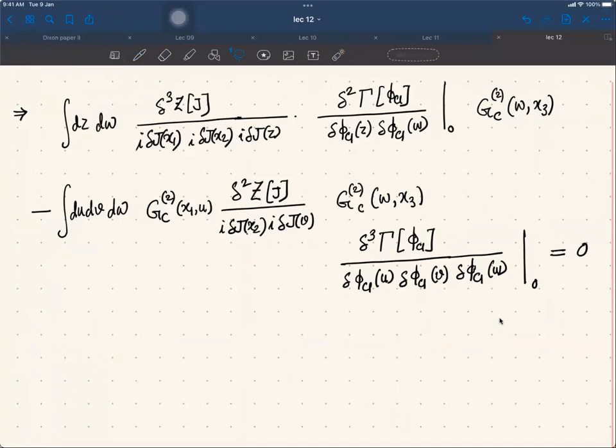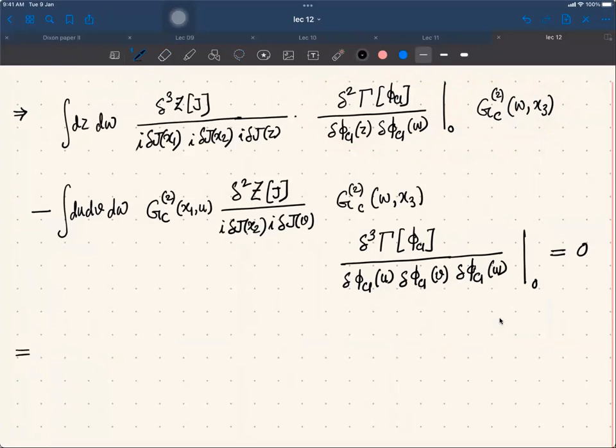Now, earlier in the case of n equal to 2, we saw these two things are precisely inverse of each other. This is gamma 2, and this is G2. When you integrate over the W coordinate, you get i h bar delta function z minus x3.